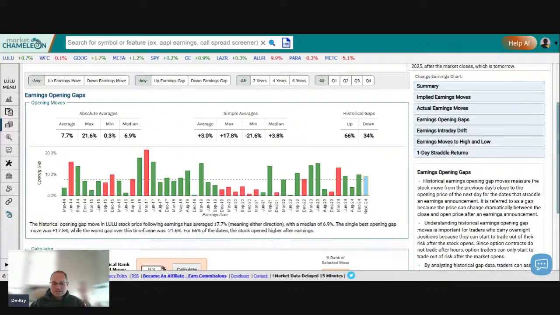So what is that move, right? That's why we call it the gap move, because there's this period in there where we don't have continuous regular hours trading. And that move reflects the market's repricing based on an earnings announcement that happens typically 4 times a year.